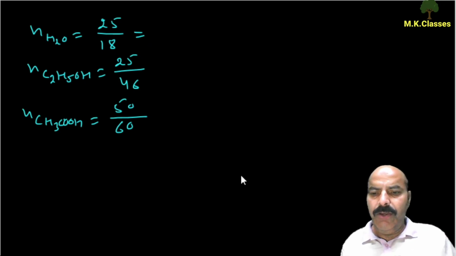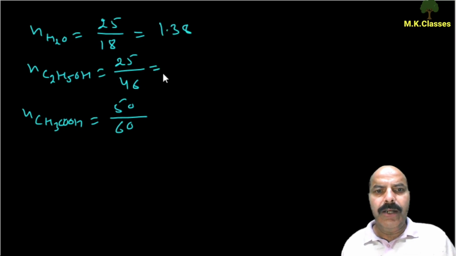So bachcho, again I'm using calculator over here. But again I'm telling you, don't use the calculator. Clear? So here 25 divided by 18, that is equal to 1.38. 1.38 moles are there beta of water.